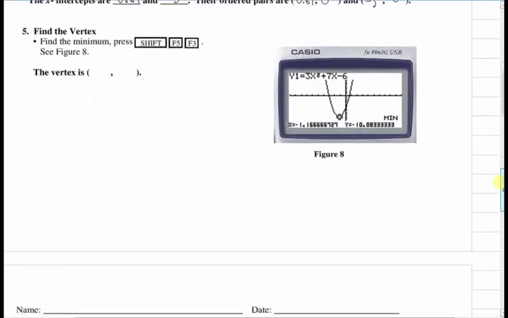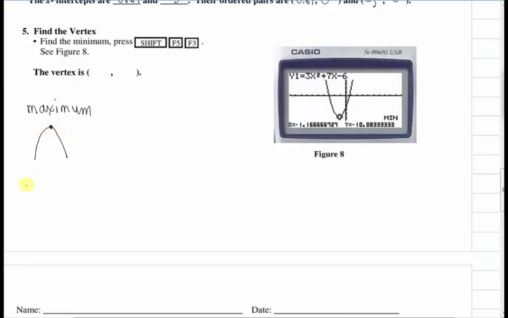Now on your graphing calculator, you will have two choices, a maximum or a minimum. Okay, if you have a maximum, that means that your parabola will open down. Okay, it'll look like this. It'll look like a mountain. And what you're looking for is the maximum point on your parabola, so the highest point on the mountain.